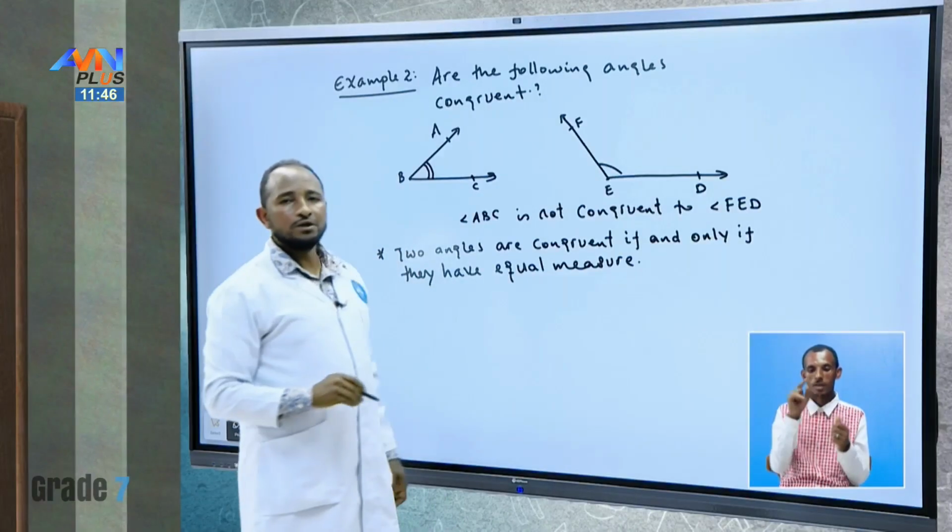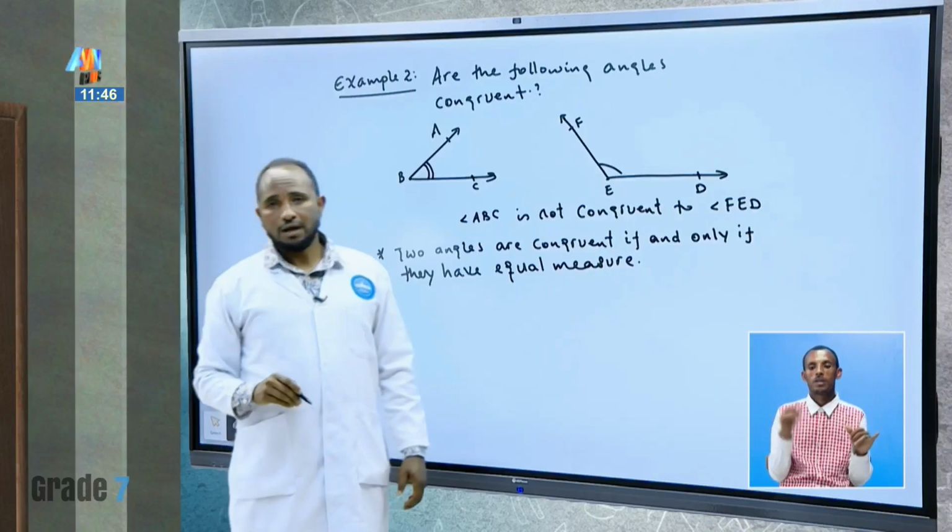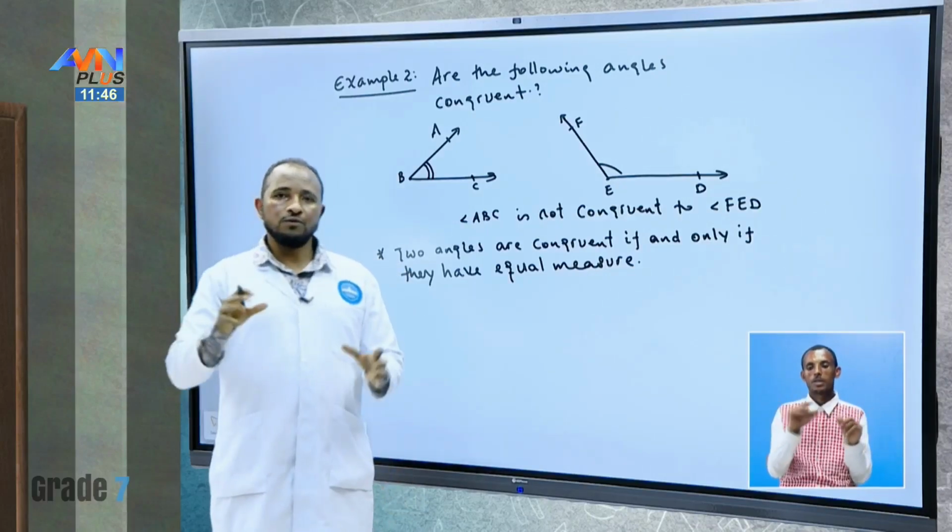If they have equal measure, we can say the two angles are congruent, or one angle fits on the other.